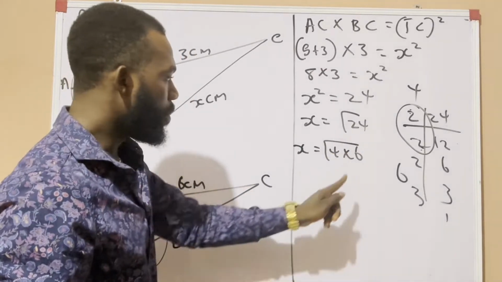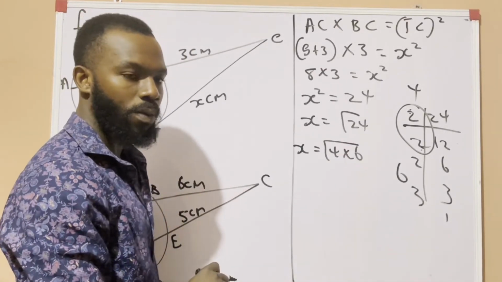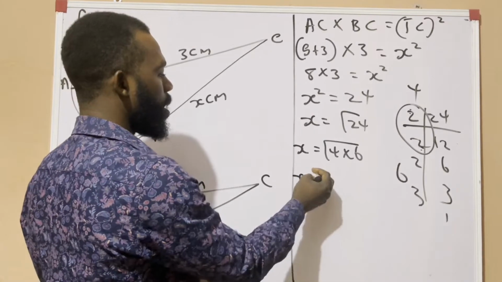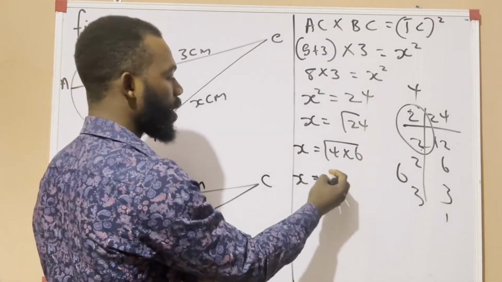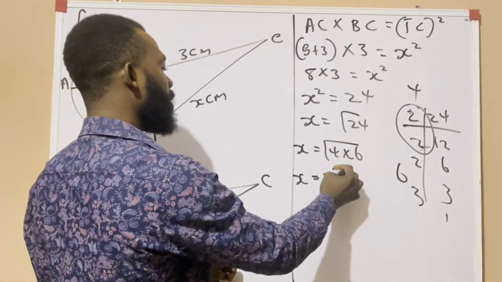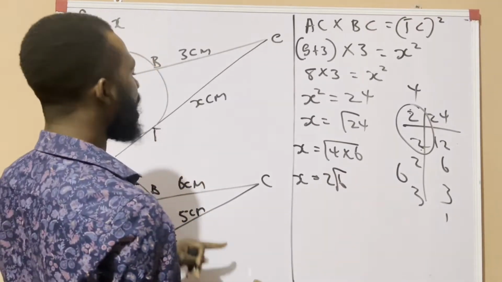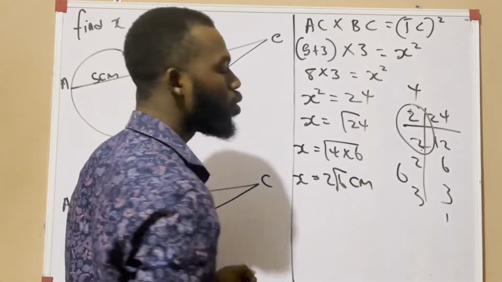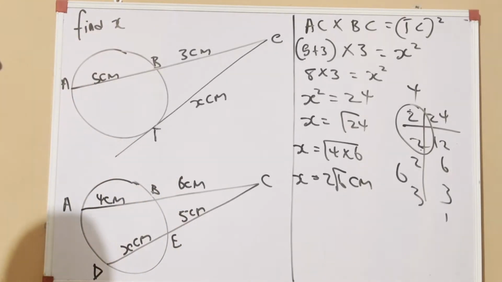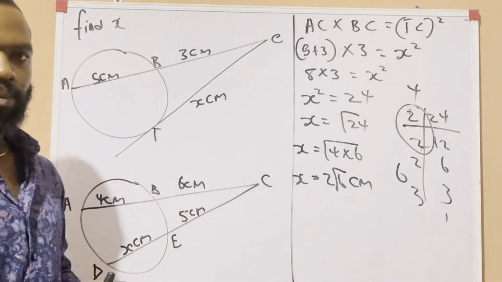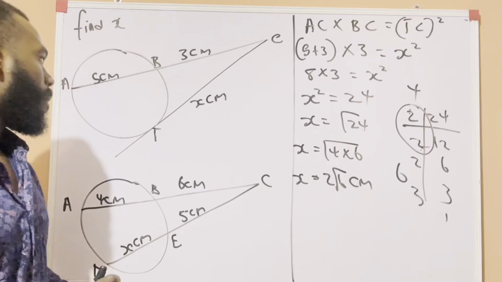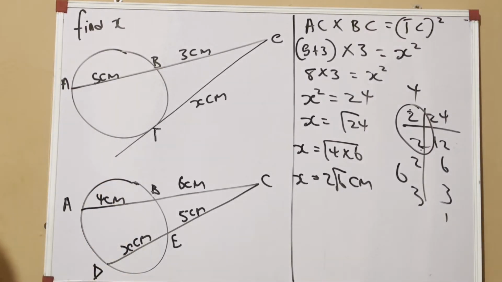Are you with me now? Because 4 times 6 will also give us 24. So finally, the square root of 4 gives us 2, and what we have inside the root is 6. So the value for x is 2 root 6 centimeters in surd form. All right, that is the answer to question number 1.